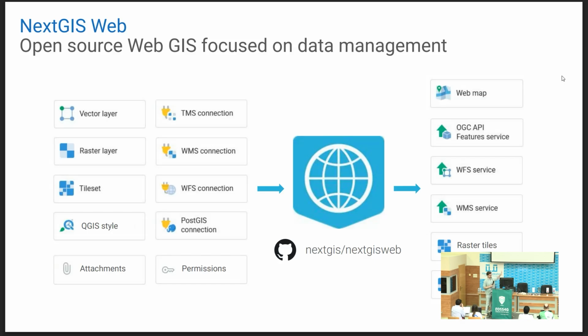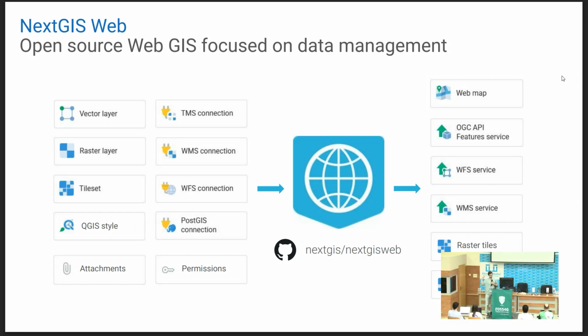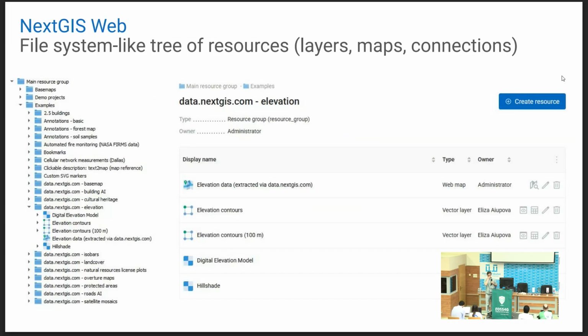NextGIS Web is about taking different data sets and data sources, vector layers, raster layers, OGC services, attachments, files related to features, and all the stuff with GIS connections, taking it all together and integrating it in one place in your web GIS, and then publishing this data again under your control as web maps, other OGC services, tile services, etc. There is a GitHub, and you can make yourself familiar with it.